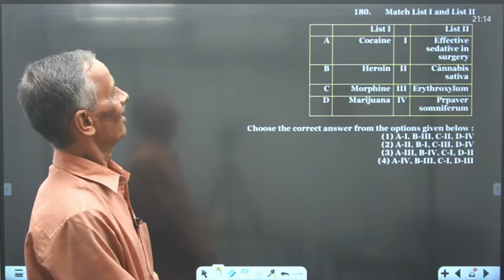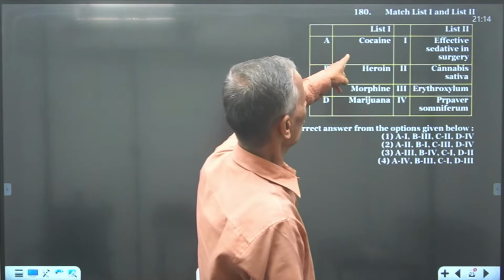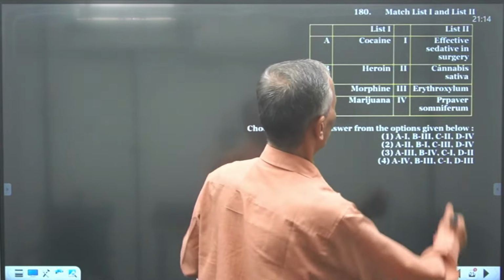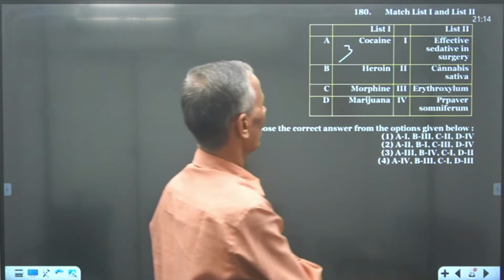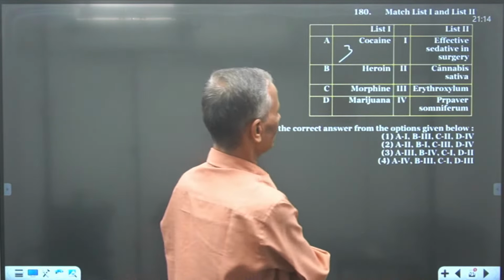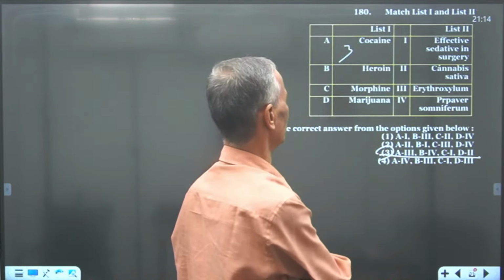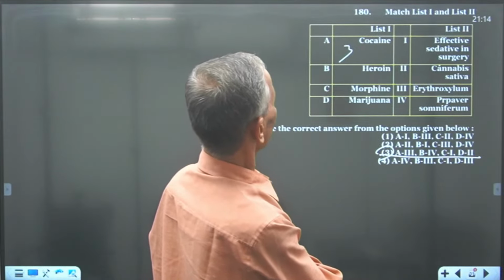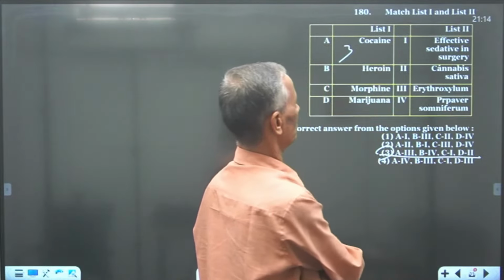Again, you are having match the following. Cocaine, coca alkaloids. Cocaine or coca alkaloids are obtained from Erythroxylum coca. Okay, so you are lucky this time also. You are having only one option where A is 3. Then B, heroin. Heroin is obtained from Papaver somniferum.